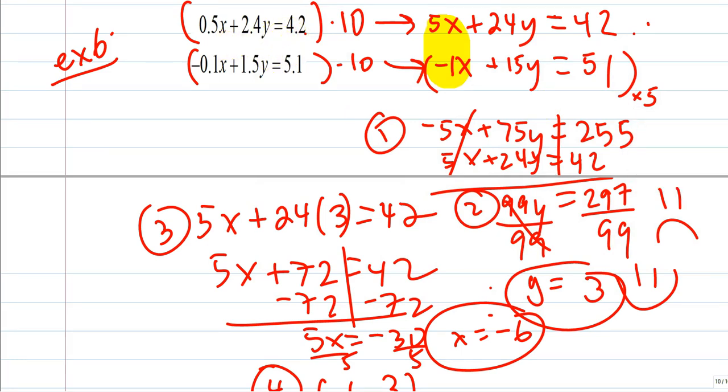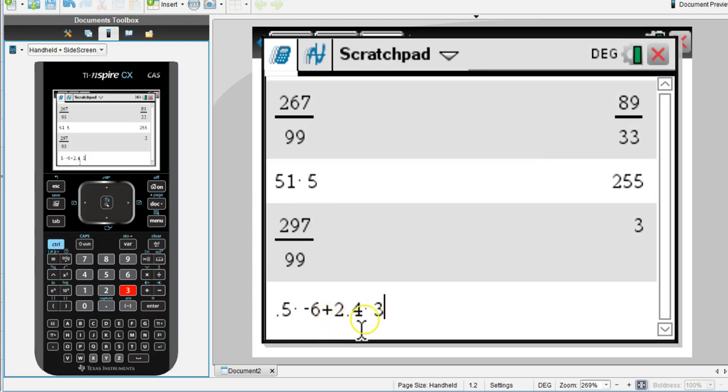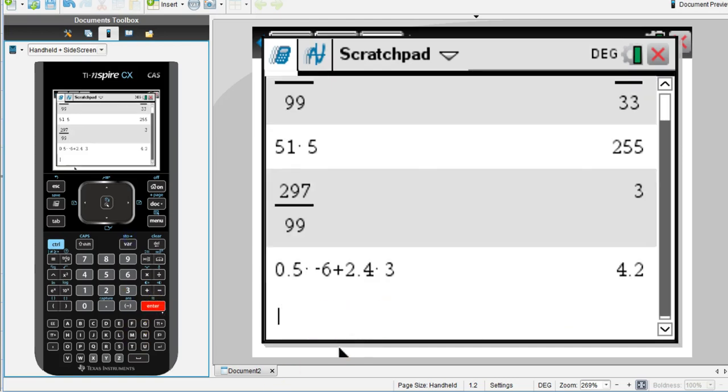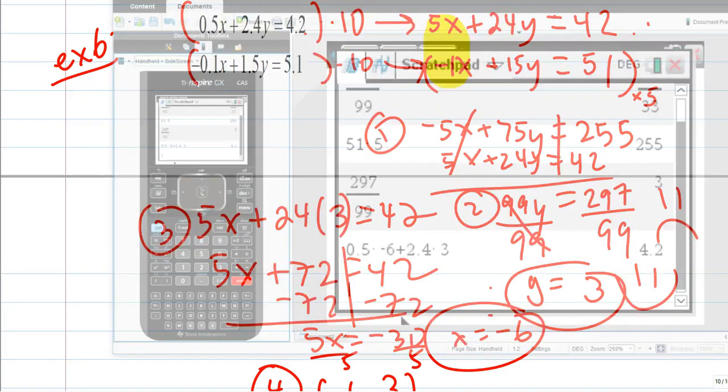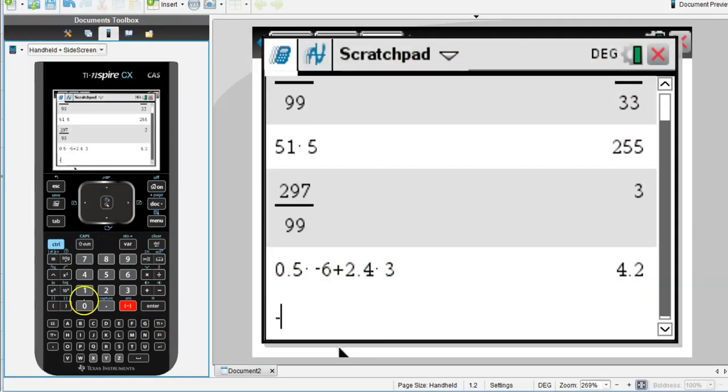0.5 times x. Double check, make sure I'm not crazy. Let's see. Is that 4.2? Interesting. The second equation, -0.1 times x, -6.